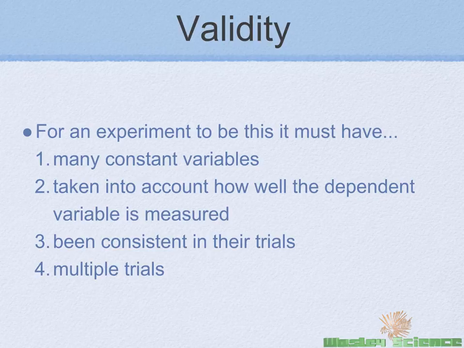And then the third thing is how consistent you were with your trials, which, remember, consistency has to do with the things that you did with the experiment. So that has to do with methods and techniques. And last, you have to have multiple trials. And a lot of these experiments we think 3 is okay, which we usually go with 3 just because of time constraint. So that's validity.